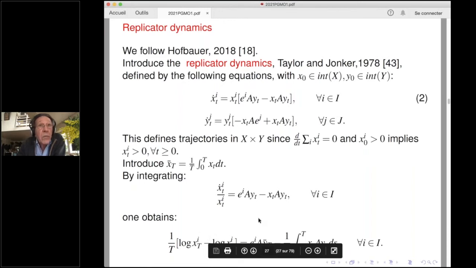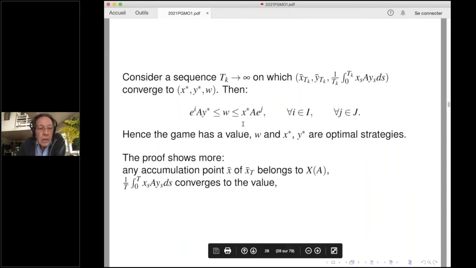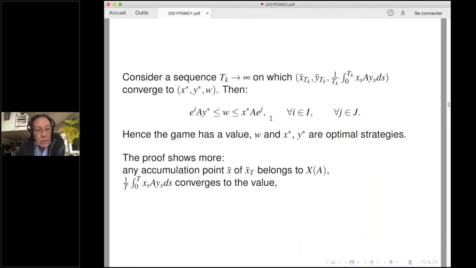Because it's the log of a component in (0, 1]. Okay, so what I get is W is smaller than the payoff A_i y star, and greater than the payoff x star A_j. So this implies that the game has a value, which is W, because by playing x star, you get at least W for every j. And similarly, by playing y star, you get at most W for every i. And x star, y star are optimal strategies.